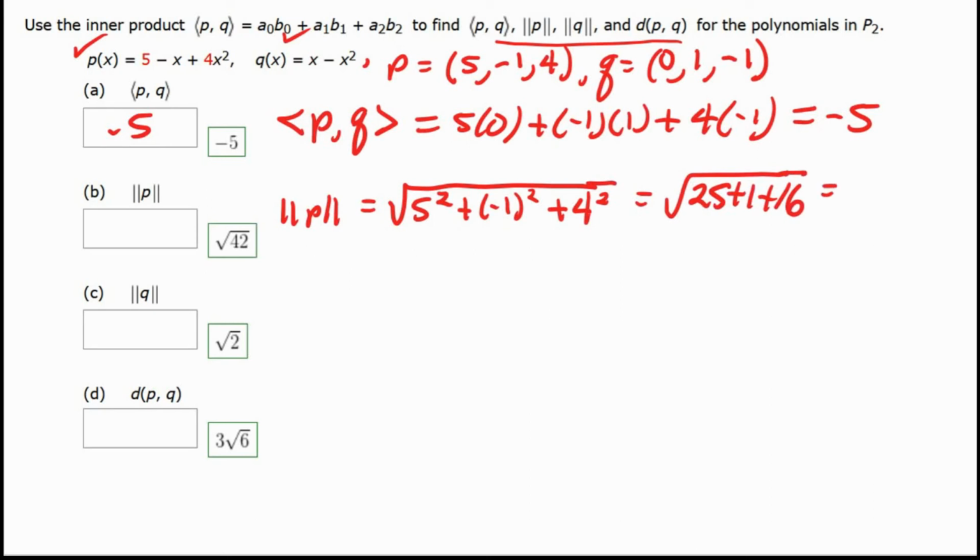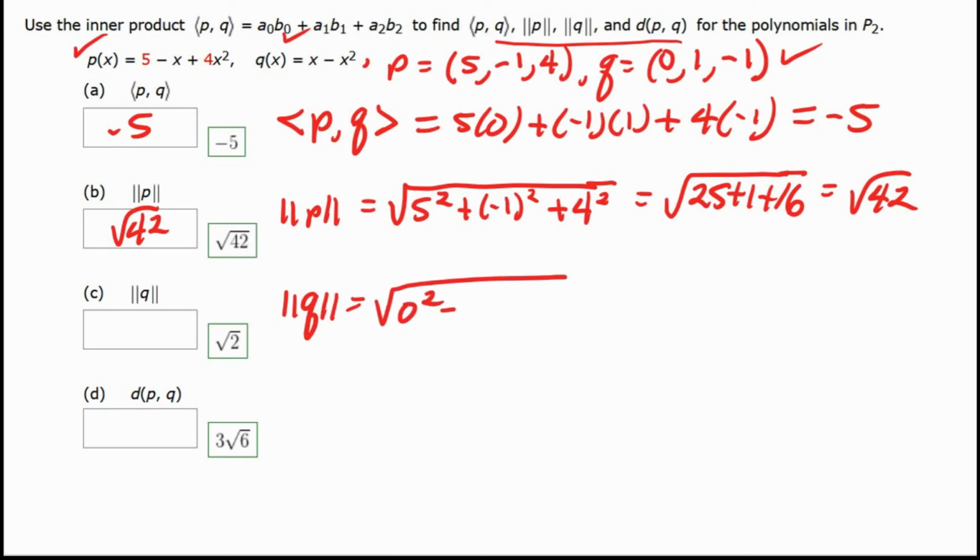So that's 25, 26, 42, the square root of 42. The norm of q, I'm looking here since we did that work. So this is 0 squared plus 1 squared plus negative 1 squared. So we get the square root of 2.